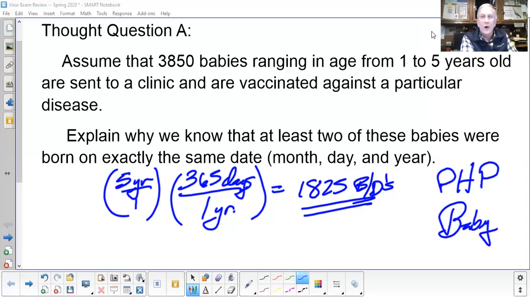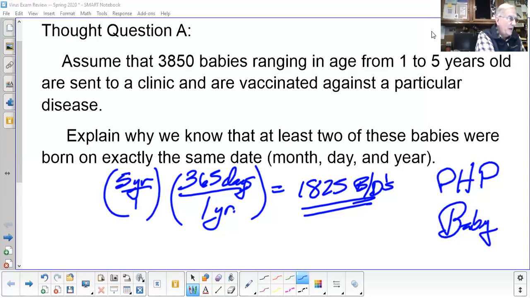So, therefore, what do we definitely know? We definitely know there are more babies than there are dates for them to be born on. Therefore, what has to happen? Duplication of birth dates absolutely has to happen. So how would we say that?